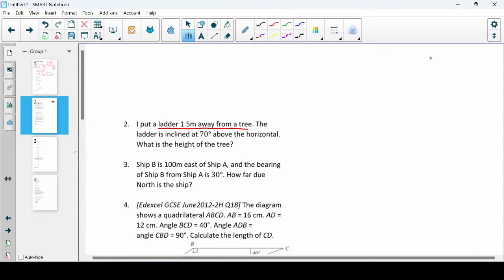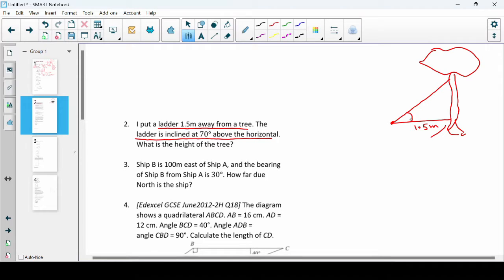So for example, this is a tree, and I'm putting a ladder inclined at 70 degrees above the horizontal. So I'm putting the ladder at this place, the distance from the tree is 1.5 meters, and the ladder is inclined 70 degrees above the horizontal. So this ladder has an angle above the horizontal that is 70 degrees.